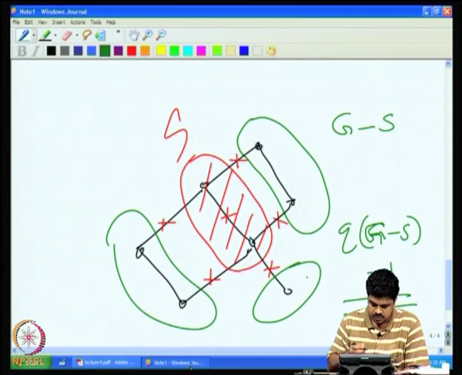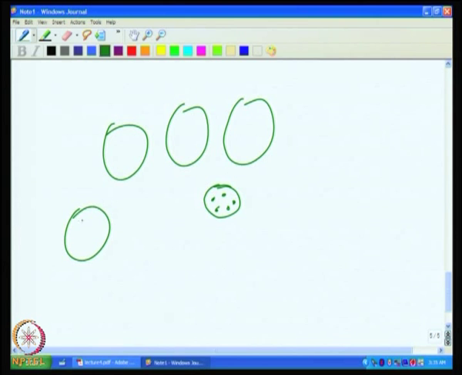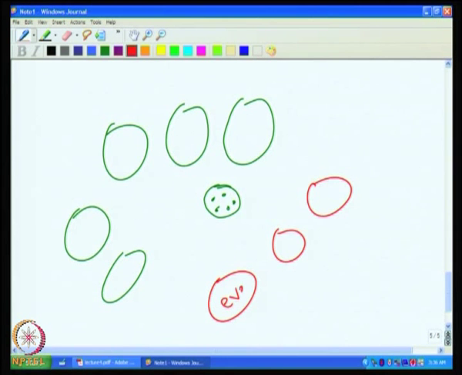Suppose we consider a graph and we have a perfect matching, and then you pick up some subset S. There are some vertices in it, and these are the odd components of this. There can be some even components also. This is even, this is even, this is even, like that, and these are all odd components.